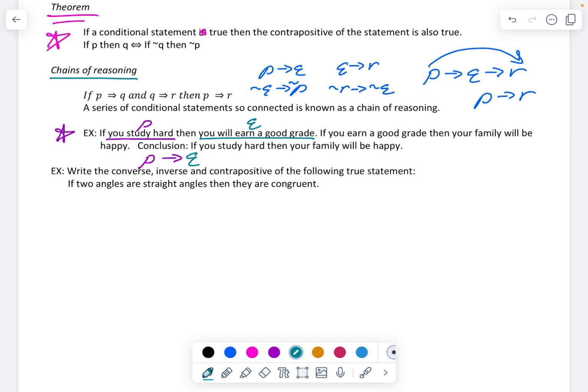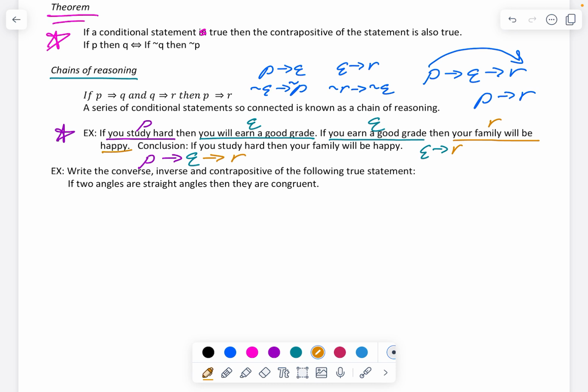And then it goes on to say, you earn a good grade. Remember, that was our Q. And if you earn a good grade, then your family will be happy. We'll call that R. So this says Q implies R. So we could put this all together.